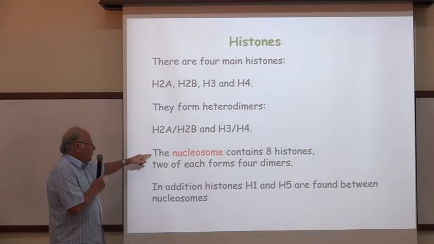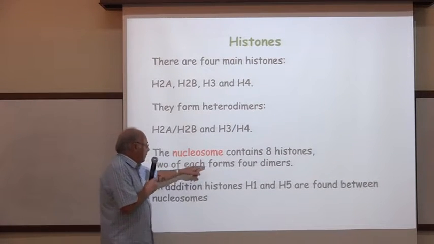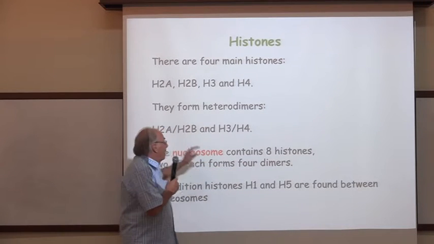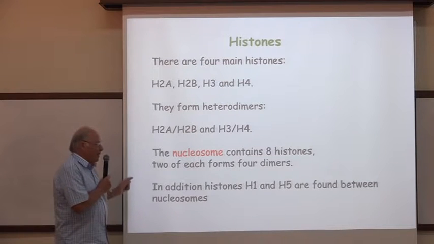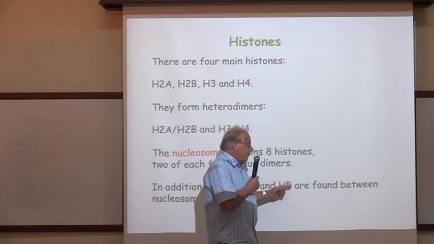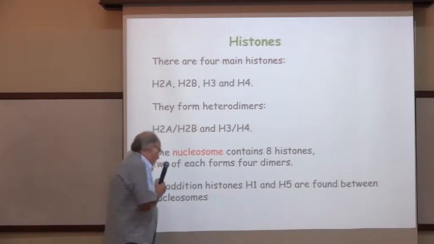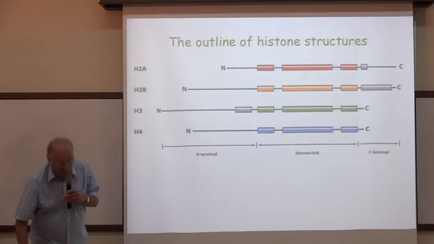So one nucleosome contains 8 histones. 2 of each forms 2 dimers. So there will be two of each of these 4. And in addition, there are also histones called H1 and H5, which are found between the nucleosomes. And I'll show you how these are organized.